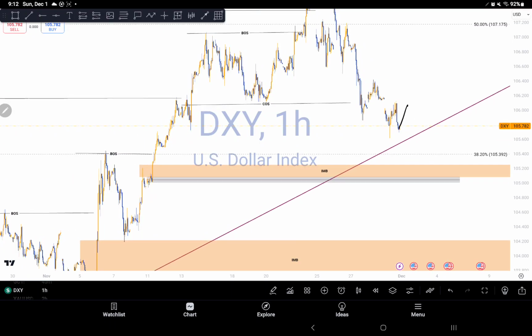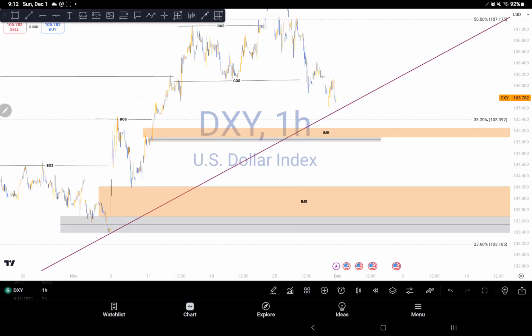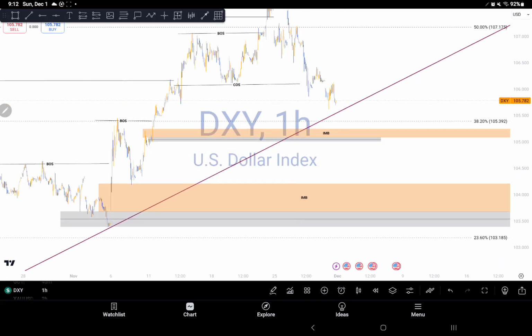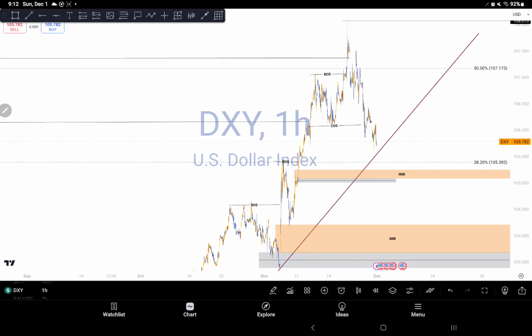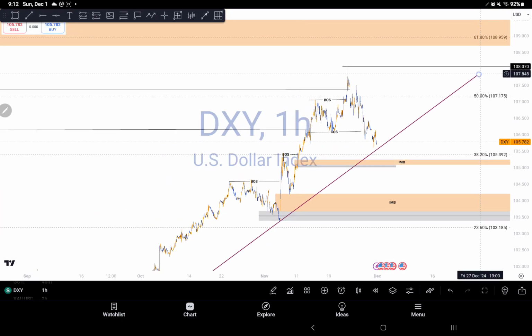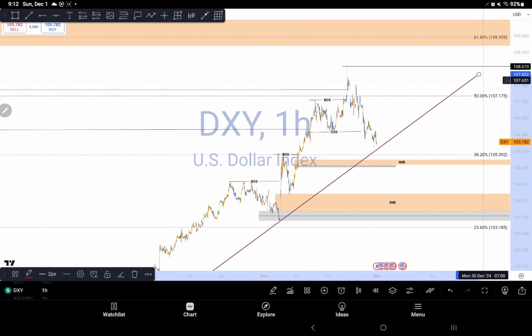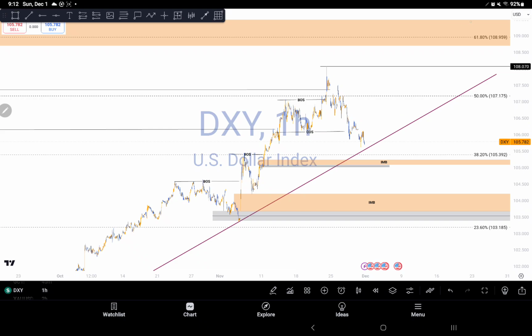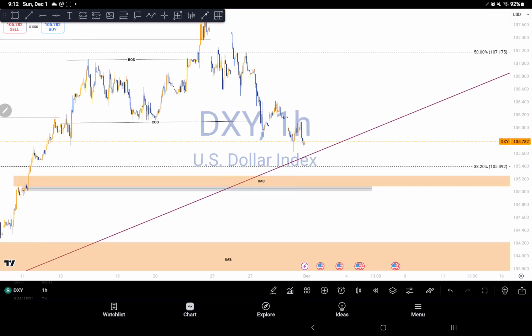So there is a possibility of it coming here to reject, then continue to push to the upside. So that's a possibility that we might be looking forward to, right? Based on that, I'm deleting this trend line because I still think it's my. No, I'm just gonna leave it, but you guys just be mindful of the trend line because it might come here to give us a fake out for it to continue to push to the upside.